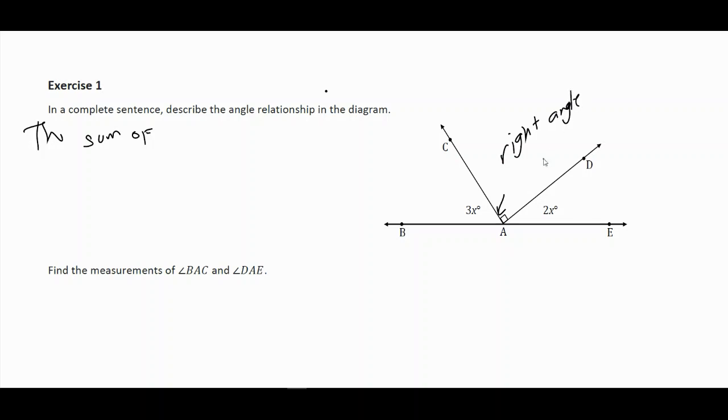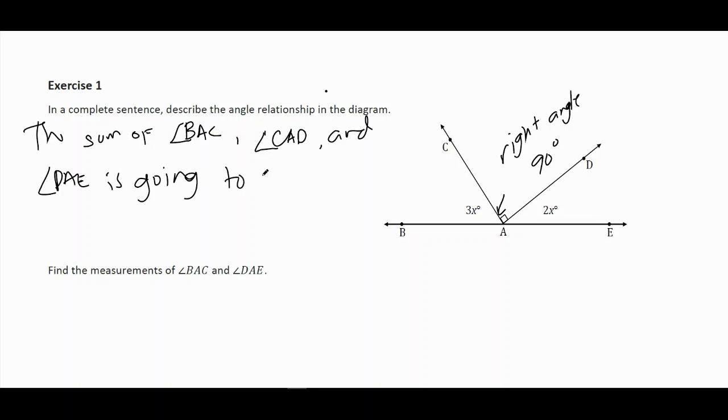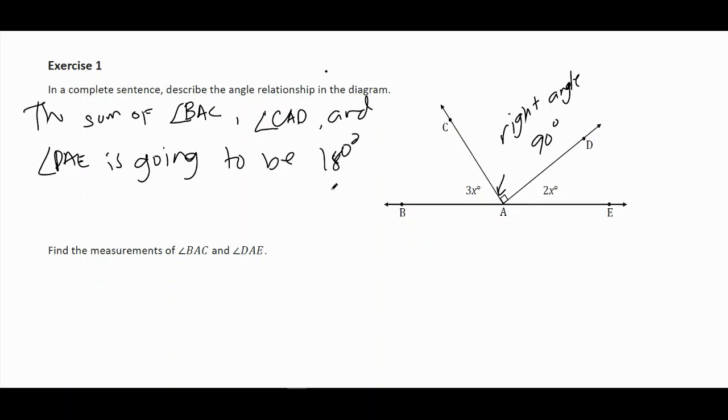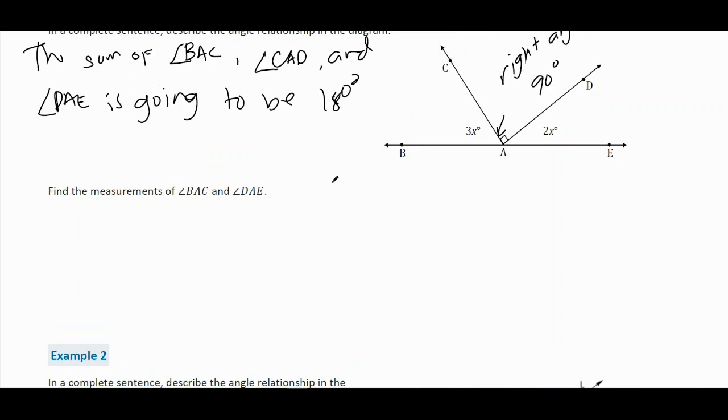A right angle is going to be 90 degrees. So the sum of angle BAC, CAD, and DAE is going to be 180 degrees.